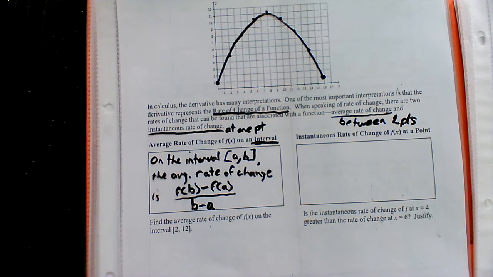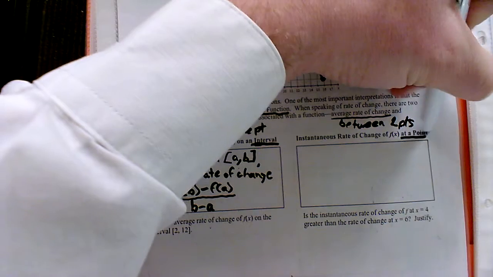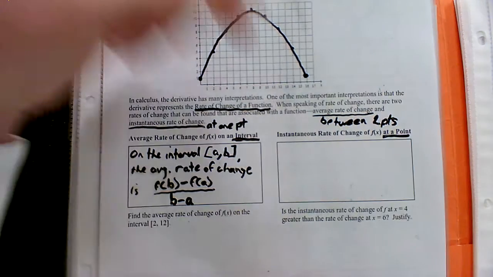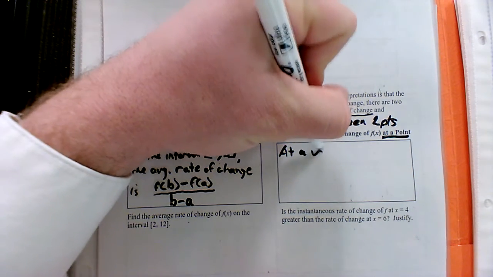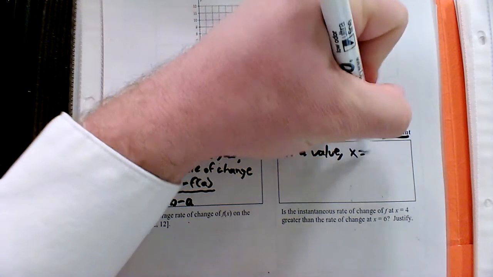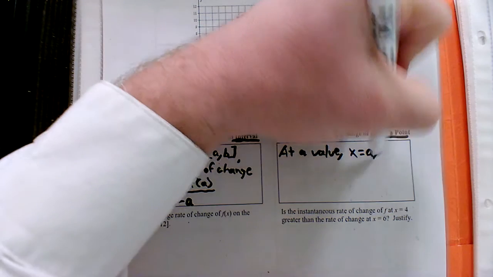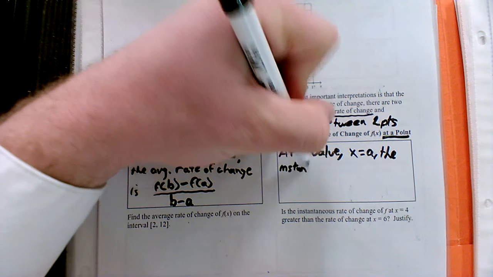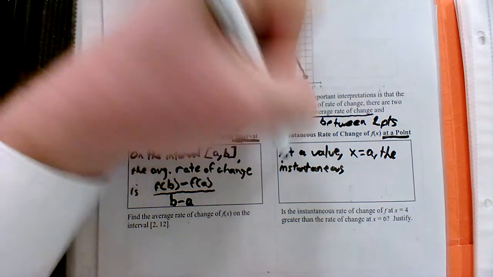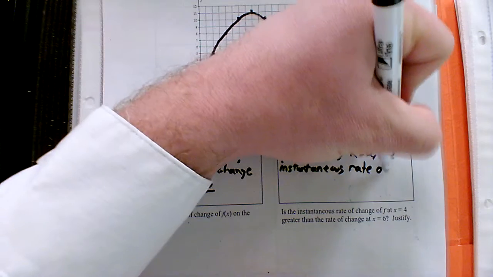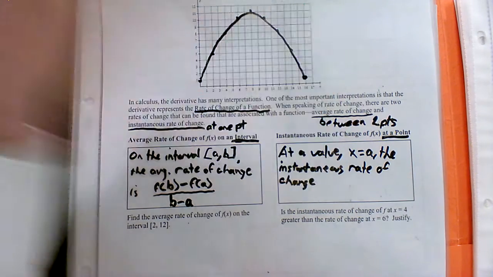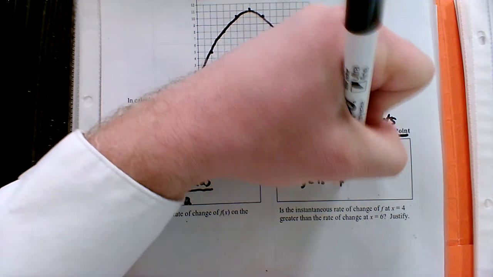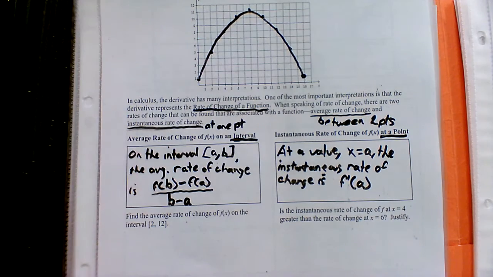The other one we're going to have is the instantaneous rate of change. This one's at a point. So the first one's an interval. The second one is at a point. So at a value, x equals a, the instantaneous rate of change is f prime of a, so the first derivative at that point, which I think we should be familiar with that.